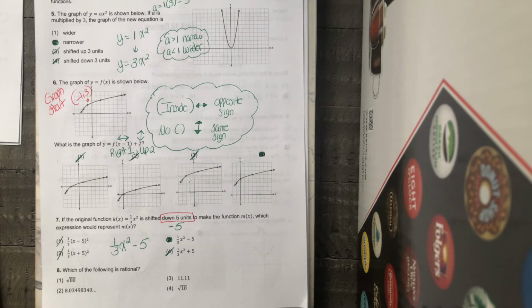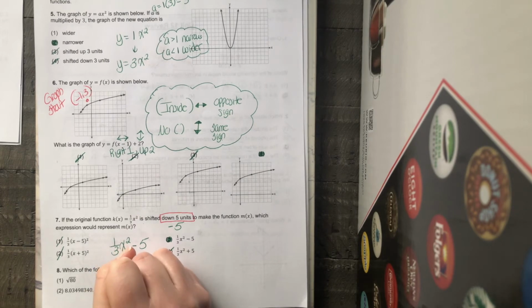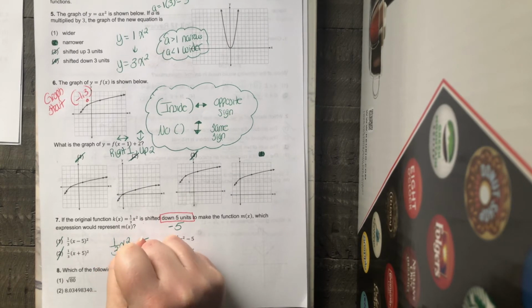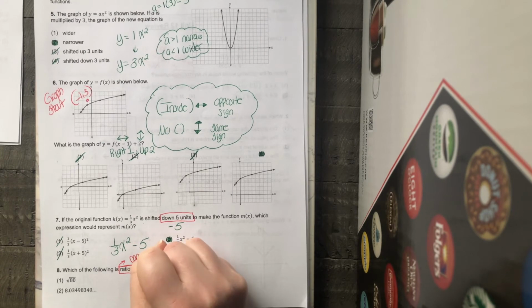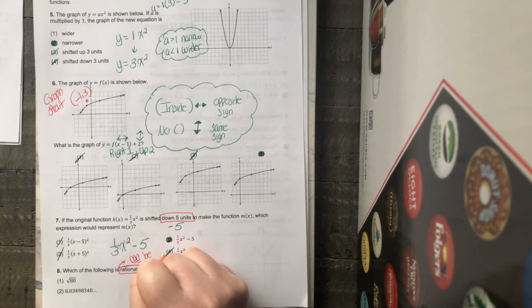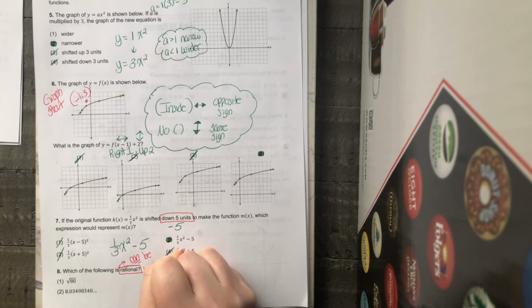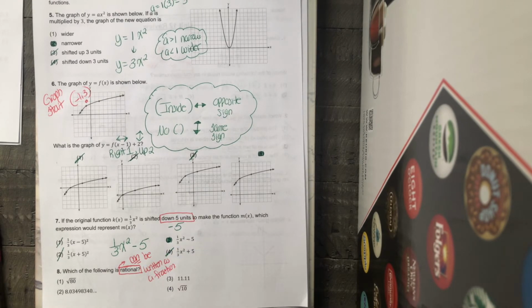Number 8, it says, which of the following is rational? So if something is rational, just as a refresher, that means that it can be written as a fraction. All right, so I'm just going to jump over to my calculator here and type those values in and see which one can be written as a fraction.